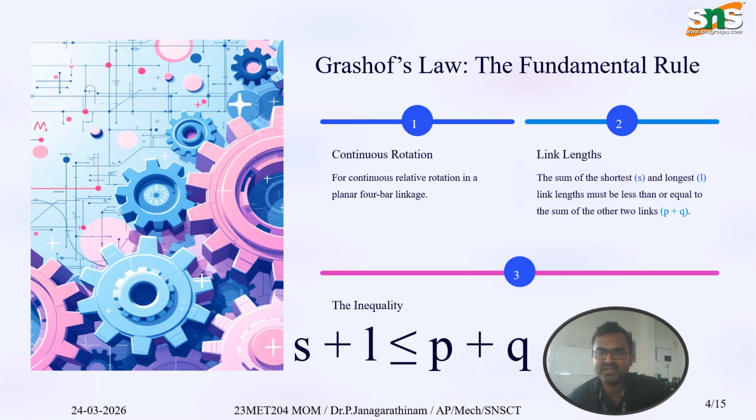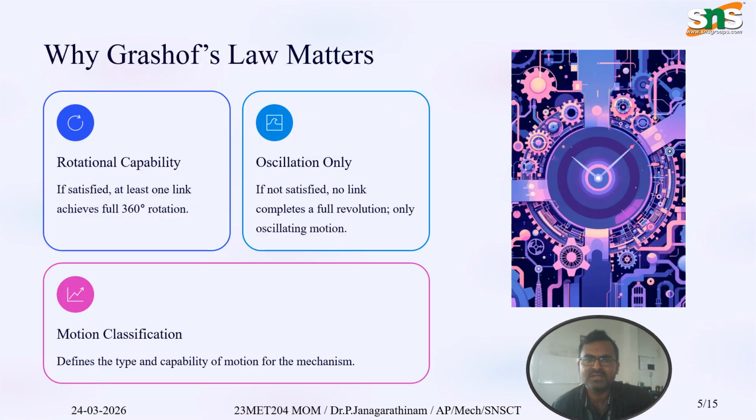We have to satisfy this Grashof's law for the mechanism to run, and we apply it for any kind of options. Why does Grashof's law matter? The rotational capability is satisfied, which means at least one link achieves a full 360-degree rotation. Here the crank will rotate up to 360 degrees, while the remaining two links, the coupler and the output link, only oscillate. If it is not satisfied, no link completes a full revolution, only oscillating motions.